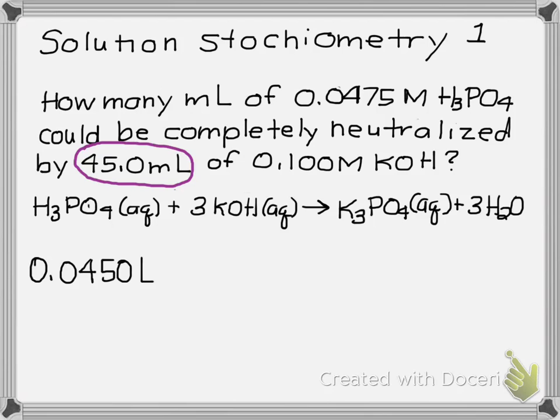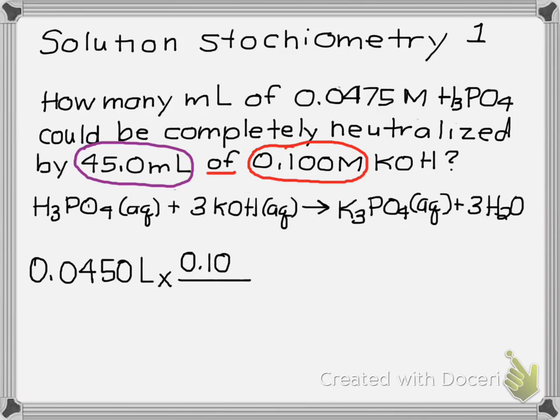So the second thing then, once we have the liters, we're going to take that and multiply it by the concentration of the KOH. You see this word "of" there connects these two. So when I'm solving stoichiometry problems, I don't think of it in terms of molarity.